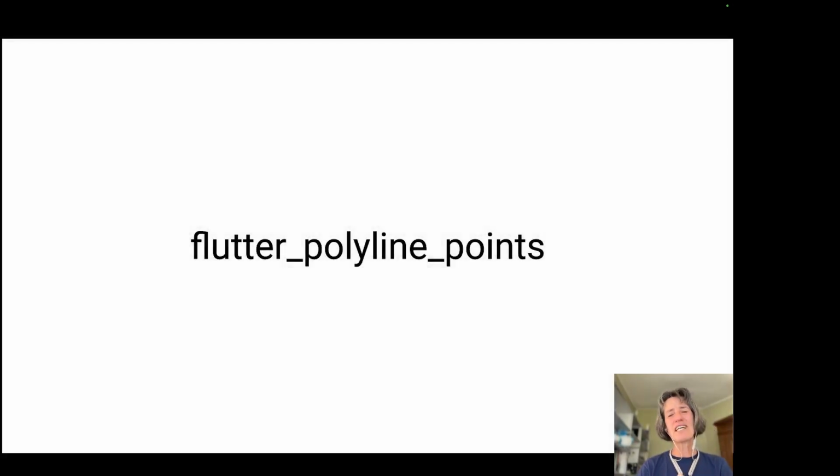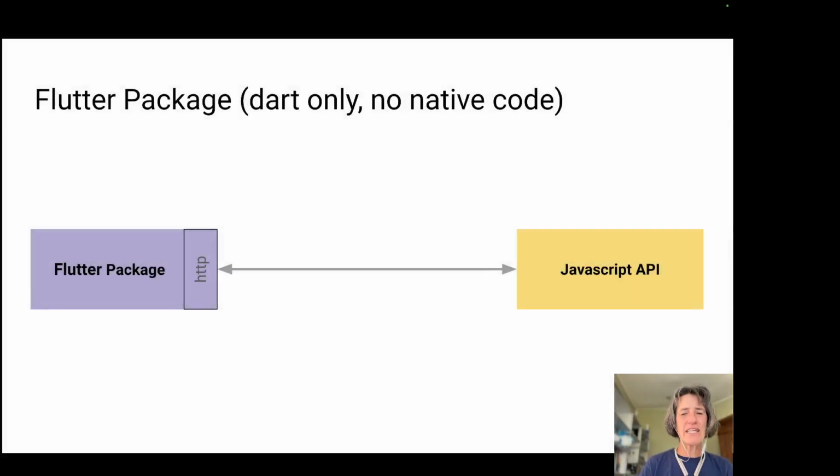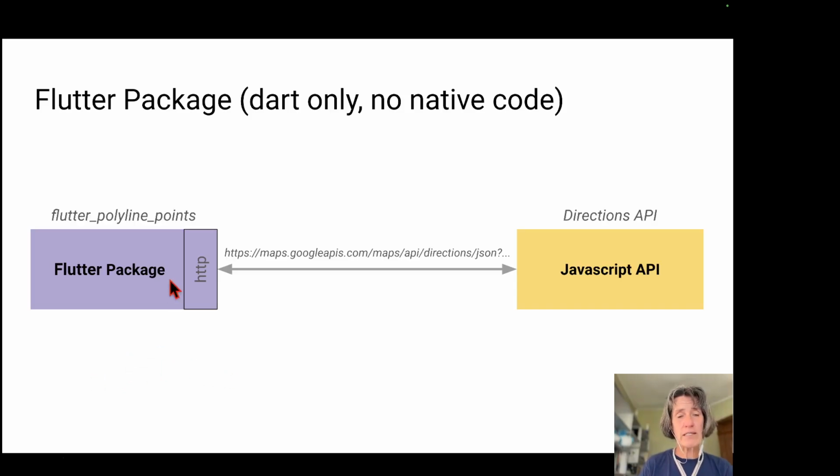So let's start with the Flutter polyline points package. This is the easier one. And it's actually a package, not a plugin. That means it uses Dart code only, no native code. And it's basically a fairly simple wrapper. It's actually really nicely written and you can read through it. It makes a lot of sense.